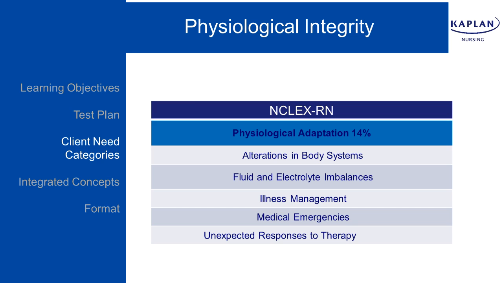I mean, there's a lot of content there, but yet only 9% of your questions are going to come from that area. So when you think about your personal weakness and you start getting a little bit nervous about it, make sure that you understand how it fits into the test plan, because maybe it's not that important to the test plan, but you sure don't want to ignore those things that are important to the test plan.